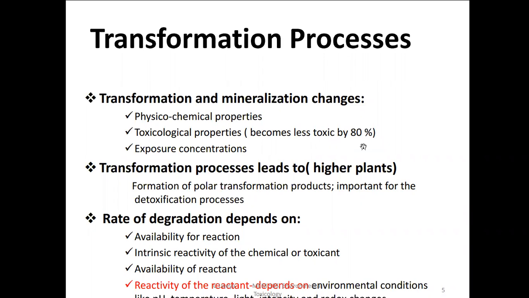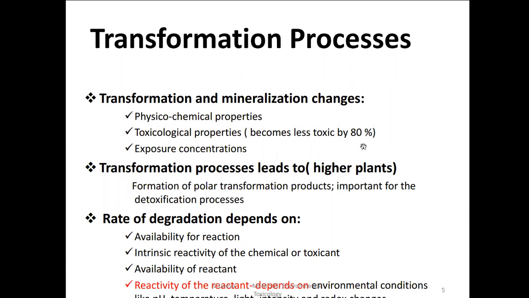Okay, so the intrinsic reactivity means, okay, I think I'll find that later where I wrote it. Then I'll come and explain later.